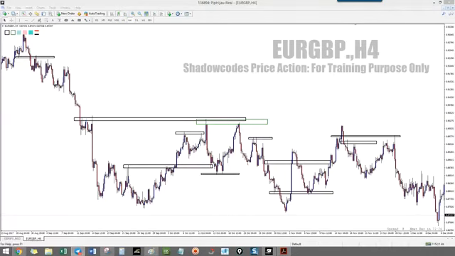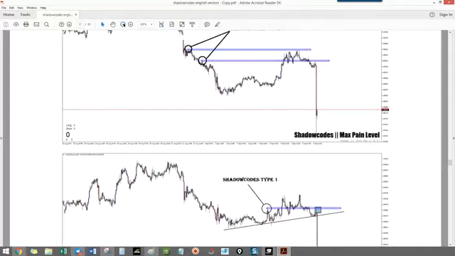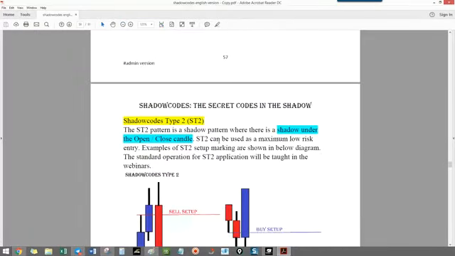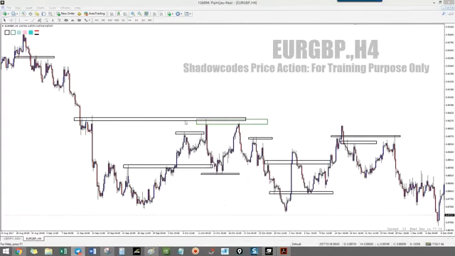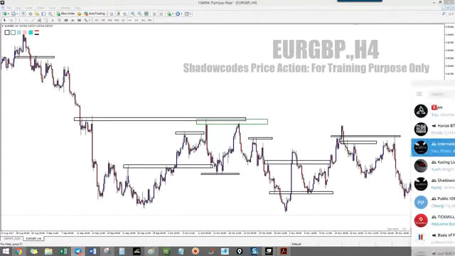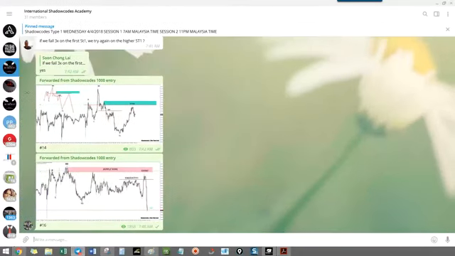So I think that's it for ST1. Later we'll be learning ST2, Shadowcode type 2. So this one will be taught on the next topic. Okay. So you can send in the homework first. So is there any other question? Any question?